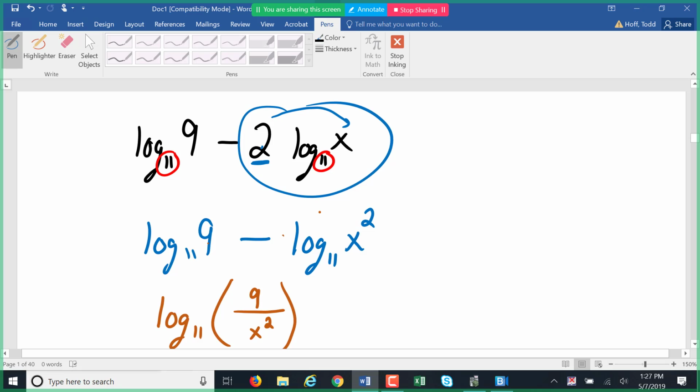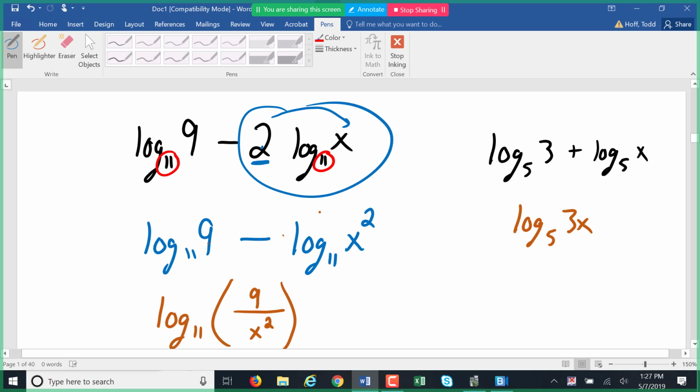If I had log base 5 of 3 plus log base 5 of x, I can combine that to be log base 5. Remember, addition was the breakdown of multiplication, so 3 times x.